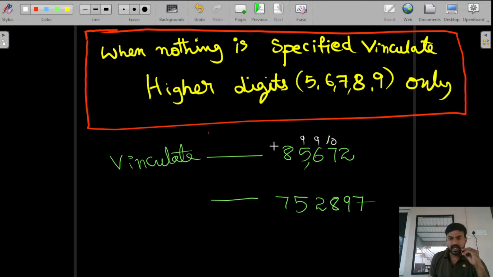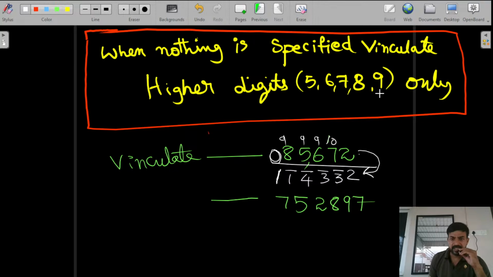You have to take 2 as it is. 10 minus 7 bar 3, 9 minus 6 bar 3 again, 9 minus 5 bar 4, 9 minus 8 bar 1. Assume there is a 0. And why do we have to assume this 0? Because you have to apply the second rule also, take the successor of the remaining part. So this is the vinculated form of 85,672. Remember, when nothing is specified, we vinculate higher digits only.